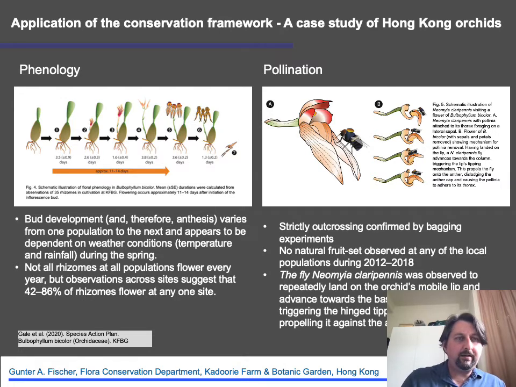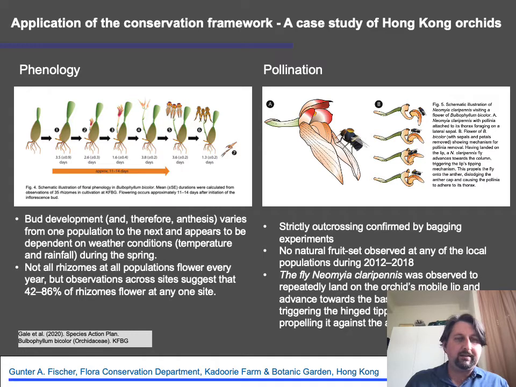When we looked into the phenology, we found out that usually within just 20 or more days the flowers develop on a bulb. But different populations have different flowering times. It very much depends on temperature and rainfall, which could be very localized during the monsoon, especially in spring. We found that, for example, lowland populations flowered much earlier than upland populations.